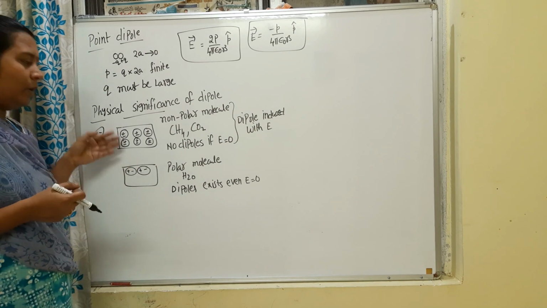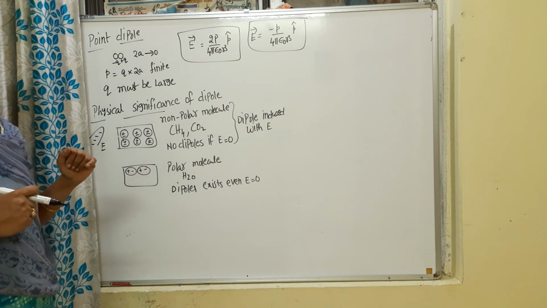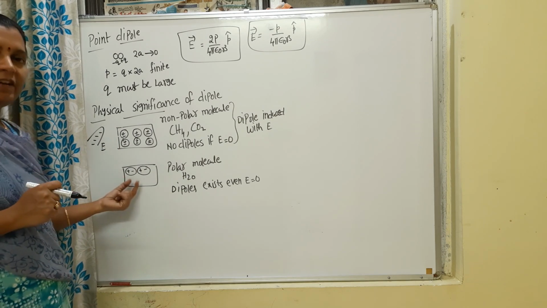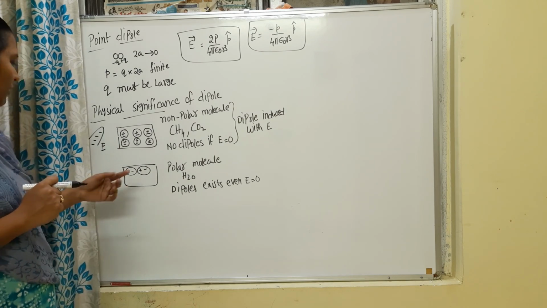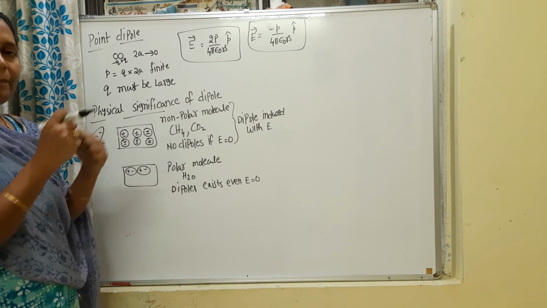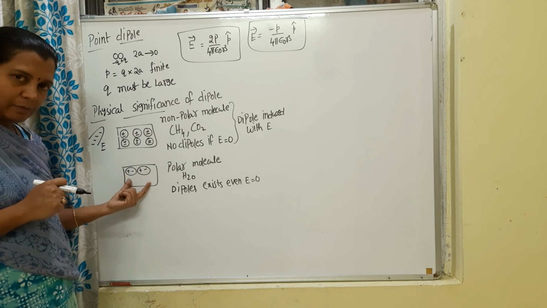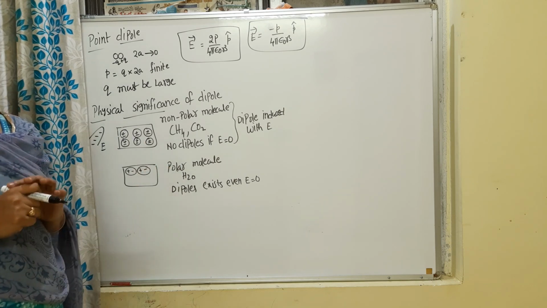Right. So what is meant by a polar molecule? In those molecules, the center of gravity of positive charge and the center of gravity of negative charge are separated by some distance. That means we have a dipole even in the absence of an electric field.